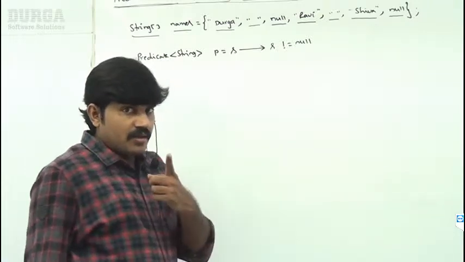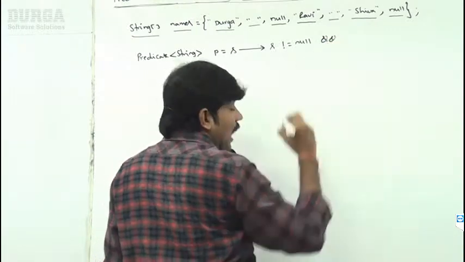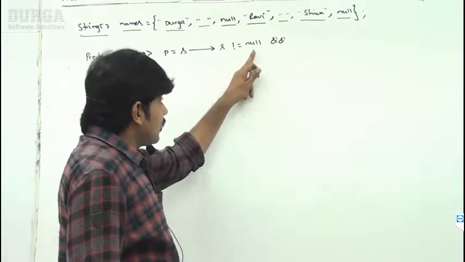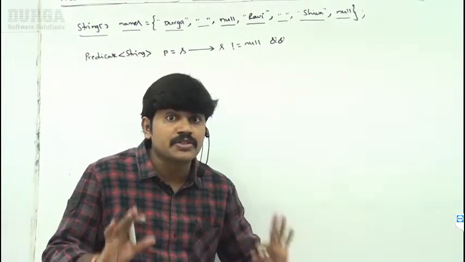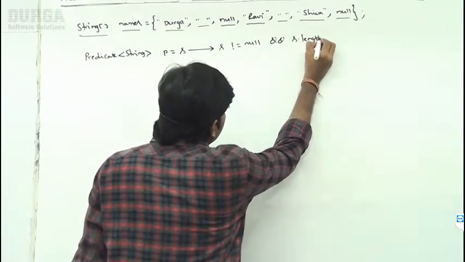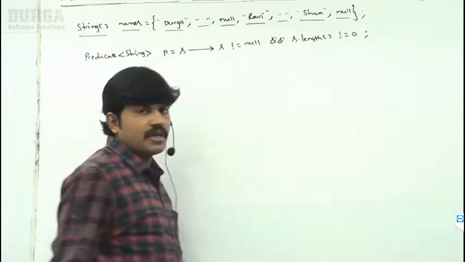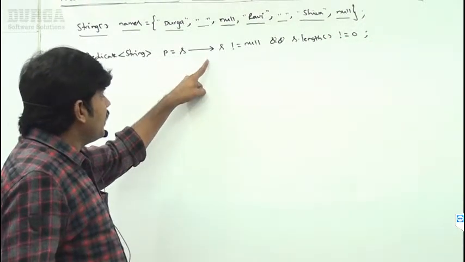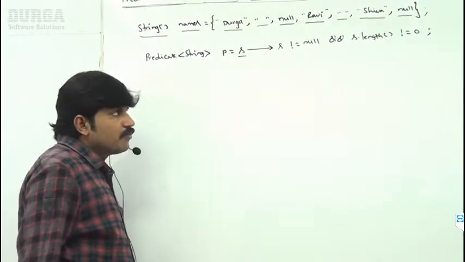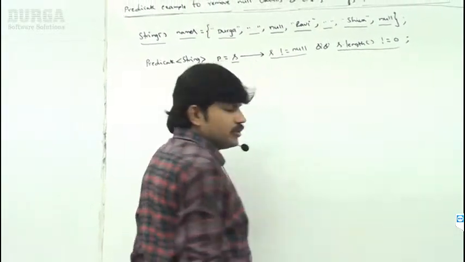If it is not null, and its length should not be 0, because it is not null and it is not an empty string. So s dot length should not be equal to 0. Beautiful. This predicate takes a string as the argument and input, and checks that it should not be null and its length should not be 0.